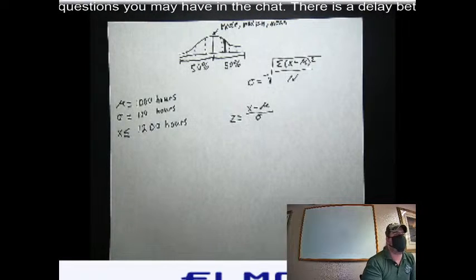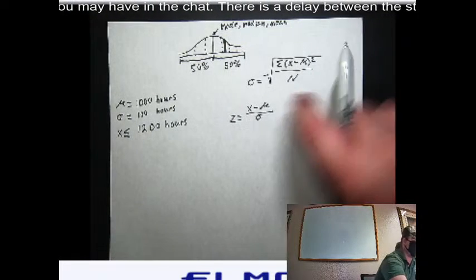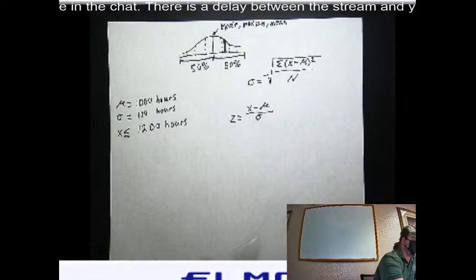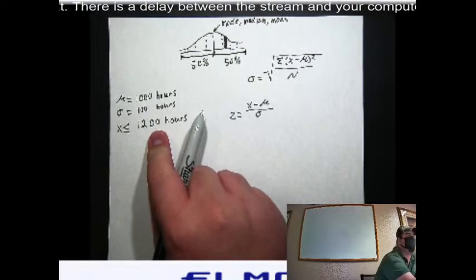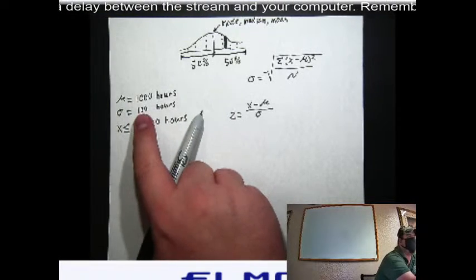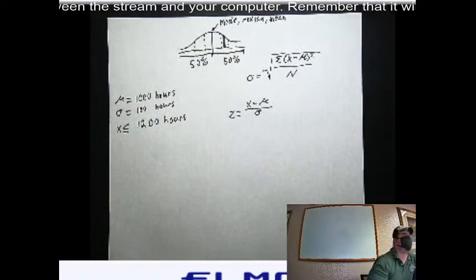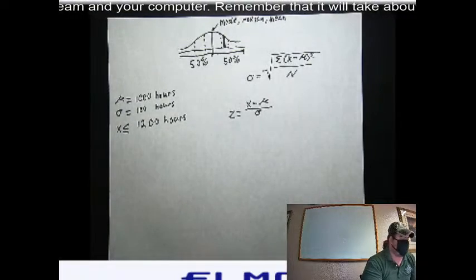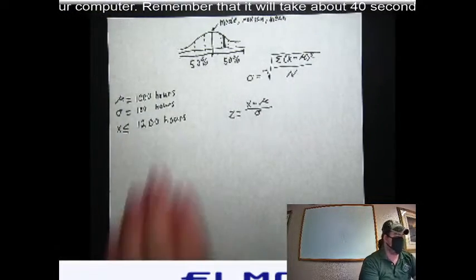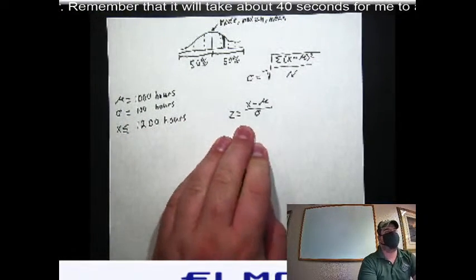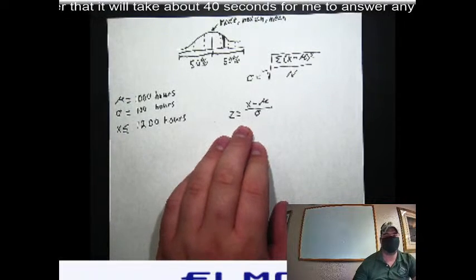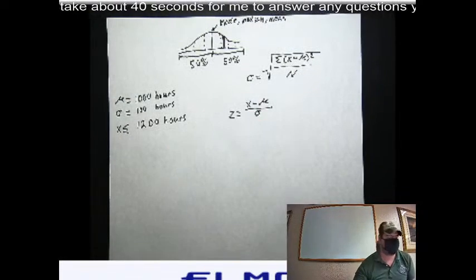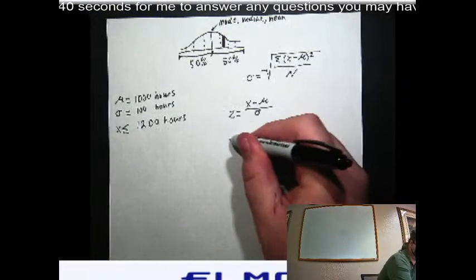Now, of course, if you're given raw data, you're going to have to calculate that standard deviation on your own, but luckily for us, it's already given to us. We already know that the standard deviation is 100 hours. So at this point, we just need to plug these numbers into our formula and see what we get. So let's go ahead and do that.